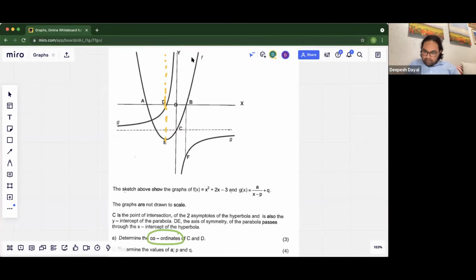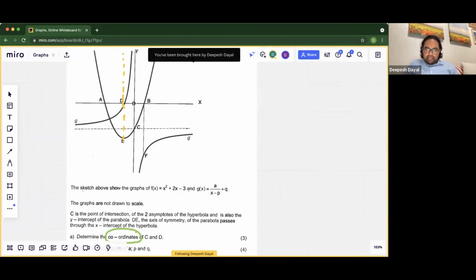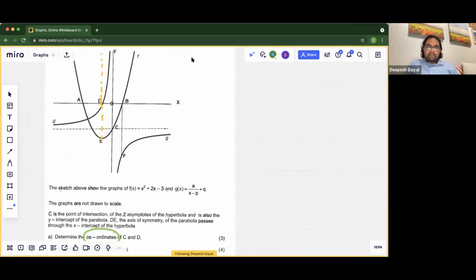Okay, so let's look. C is the y-intercept of the parabola. At the y-intercept, x equals 0. And D is the turning point of the parabola. So let's write this down.